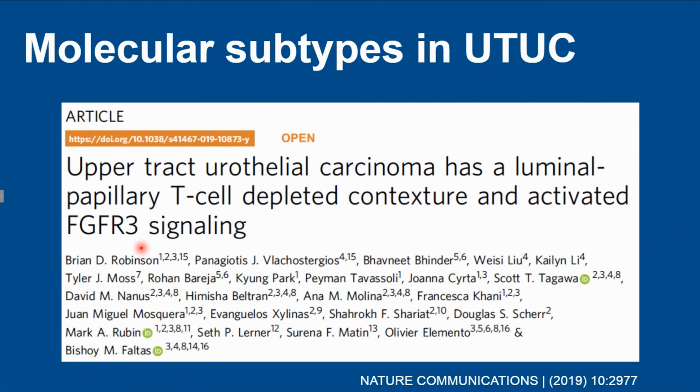So the RNA subtypes generally divide luminal and basal, and we know that luminal is associated with FGFR3 alterations, for example, and maybe fewer P53 and RB alterations. And so it really looks like the differences between upper tract and bladder are simply a different distribution among subtypes rather than truly different diseases.